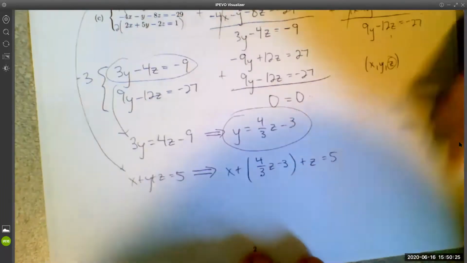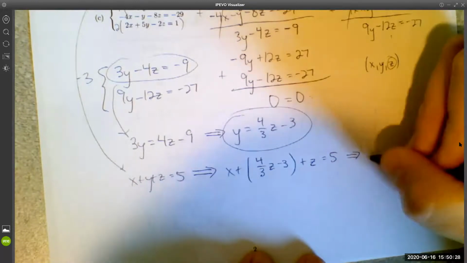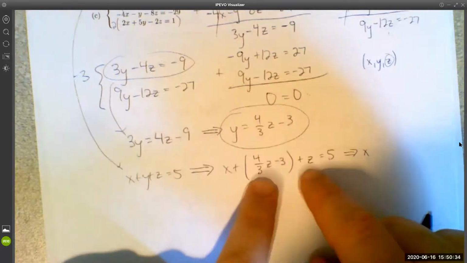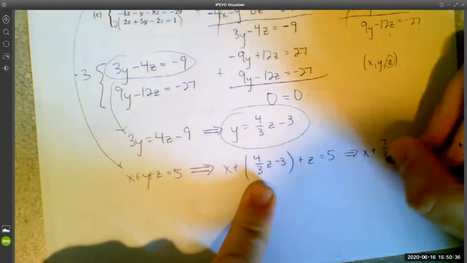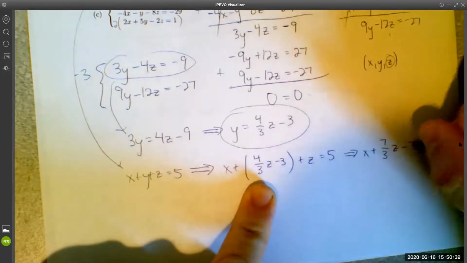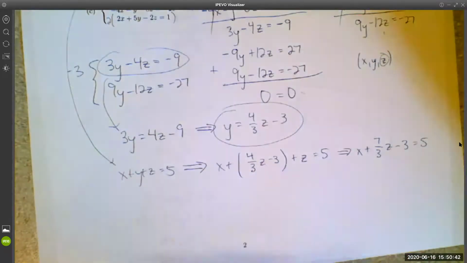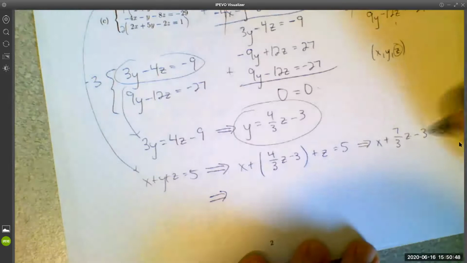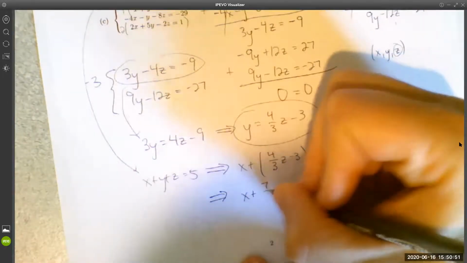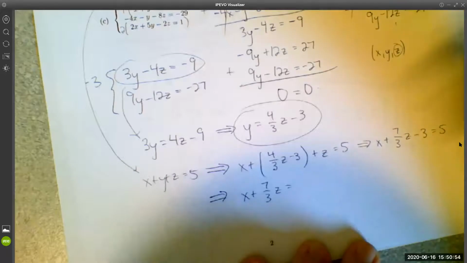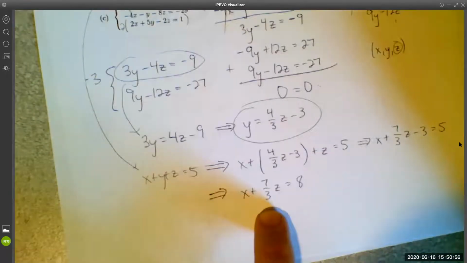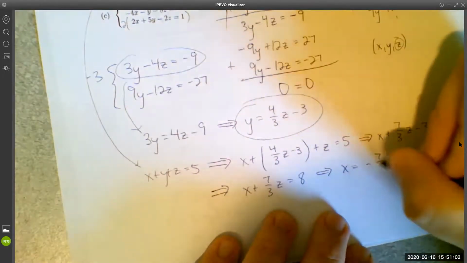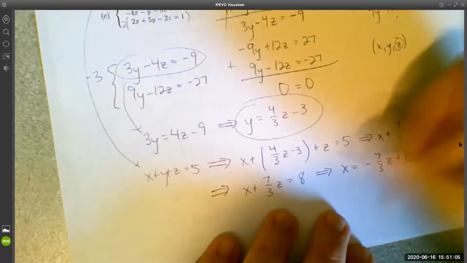So I can say 4/3 z plus 3/3 z would be 7/3 z. I can add the 3 over. And then if I want to solve for x, I should move the 7/3 z over. So I'm going to say x equals negative 7/3 z plus 8. And there's x.